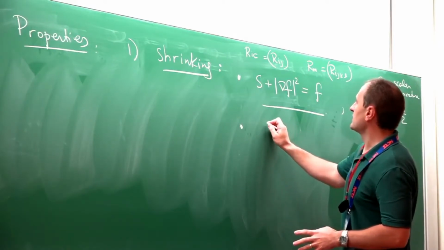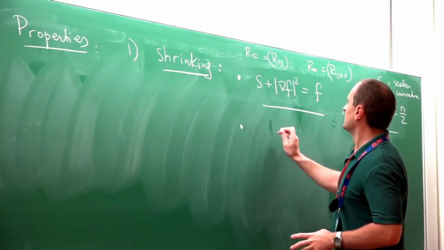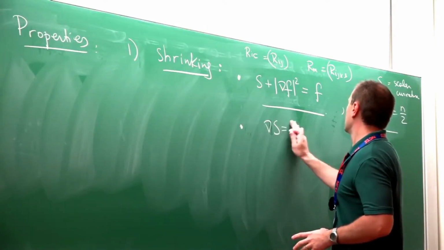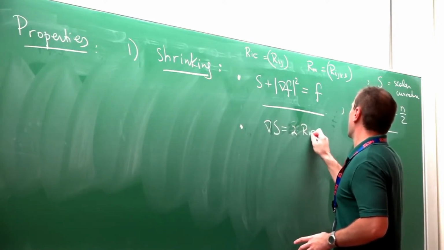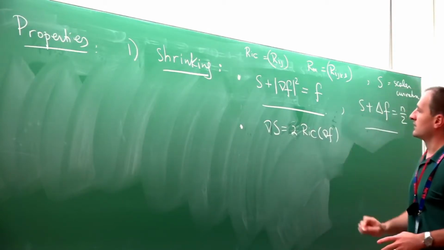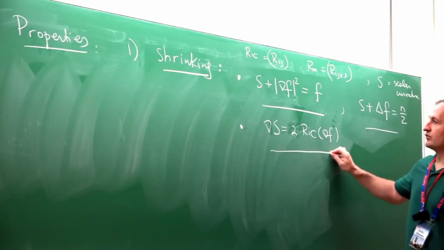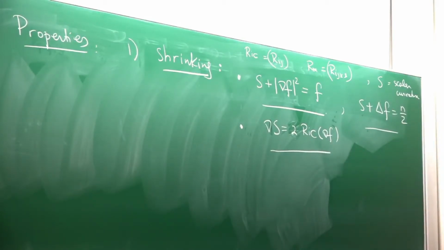Something that's important for later is this one. This maybe doesn't say much right now, but it will be crucial. It says the derivative of scalar curvature is Ricci in the gradient direction. So it's just a formula. Again, proved by Ricci identities, Bianchi identities, and so on.